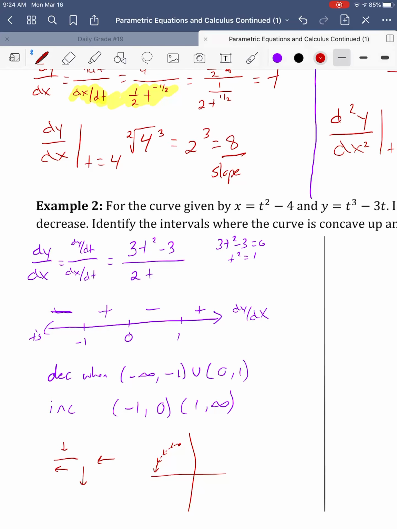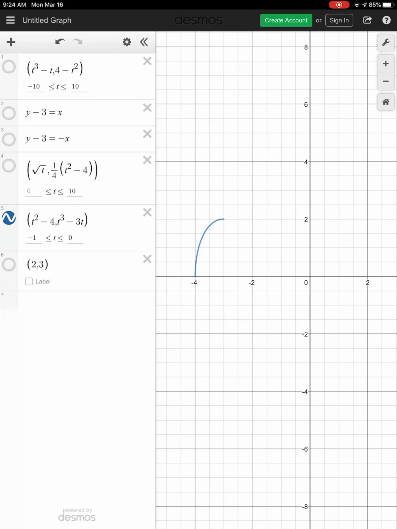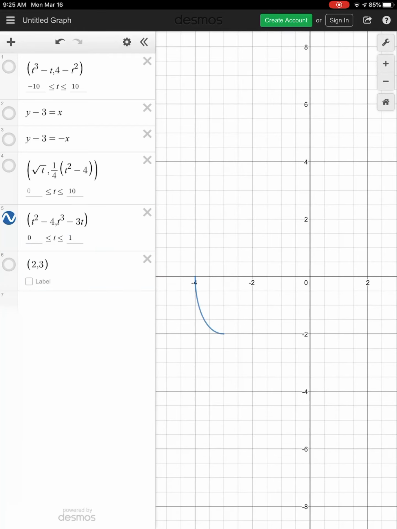That's a little strange. So the two types of movements that are considered a positive slope are this or this. And the two types of movements that are considered a negative slope would be if one of the dy/dt or the dx/dt is negative. But when I get to 0 and I move to 1, that's a negative slope because you're going down and to the right. So it's negative over positive.